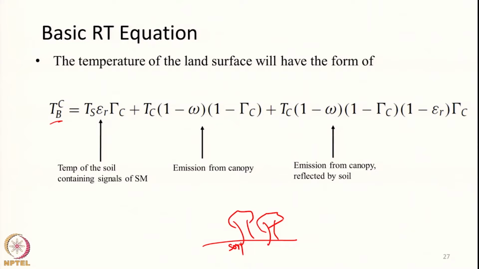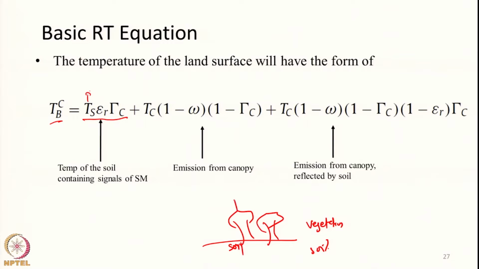If we assume that the land surface is comprised of vegetation and soil, then the brightness temperature can be split into three parts. The first is the emission from the soil, which contains the signal of soil moisture, where Ts is the thermodynamic temperature of soil and epsilon is the emissivity.